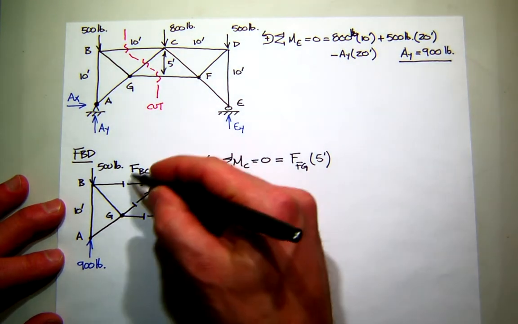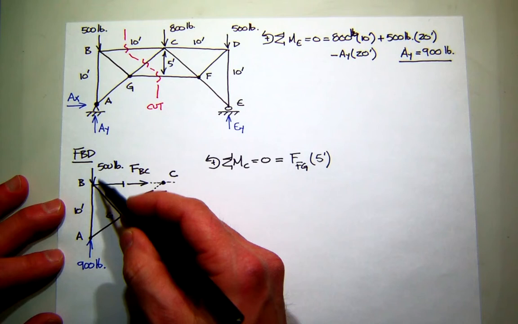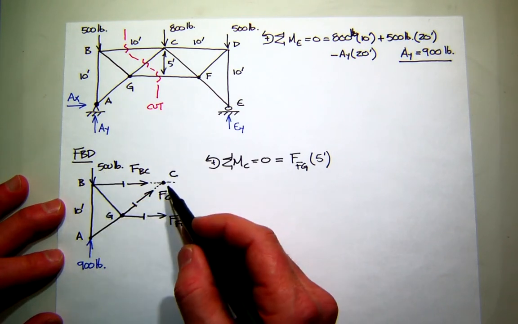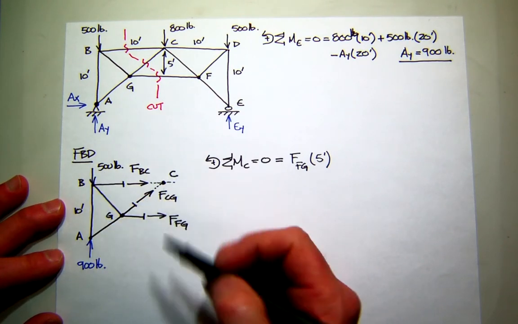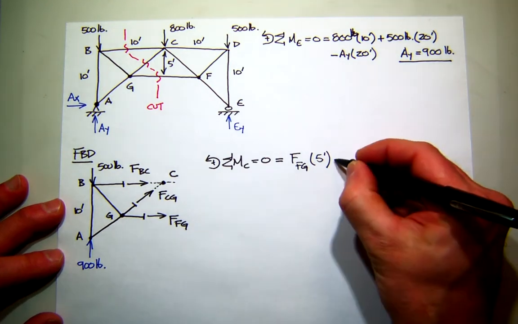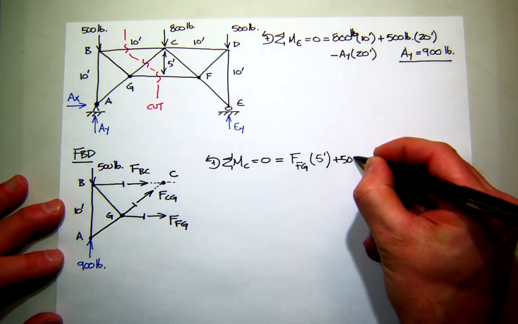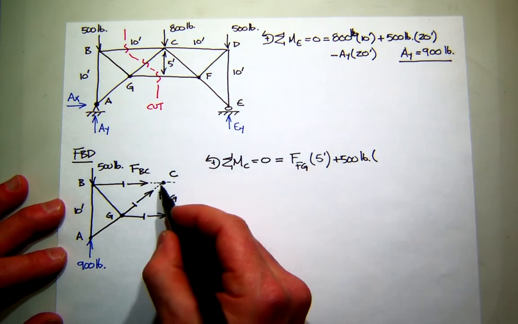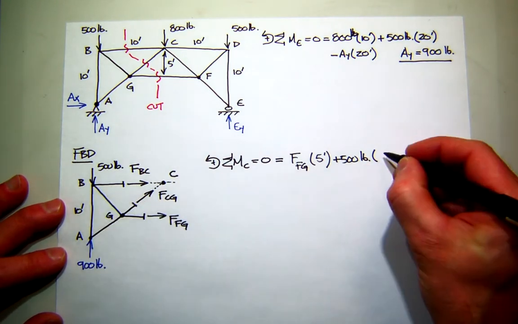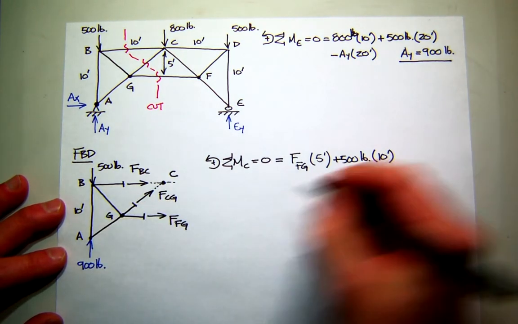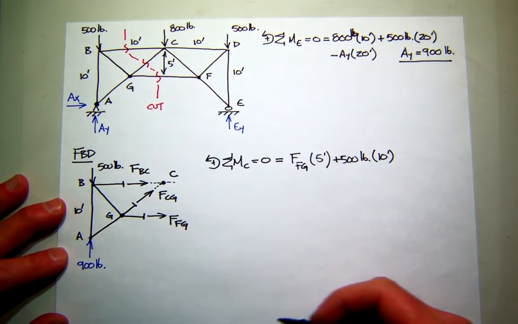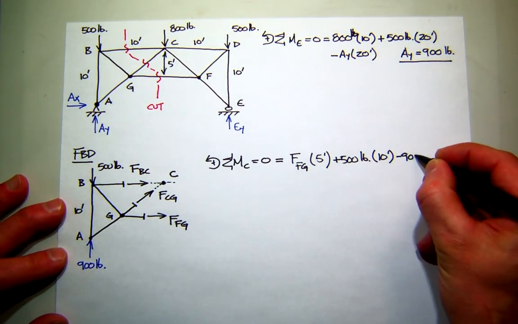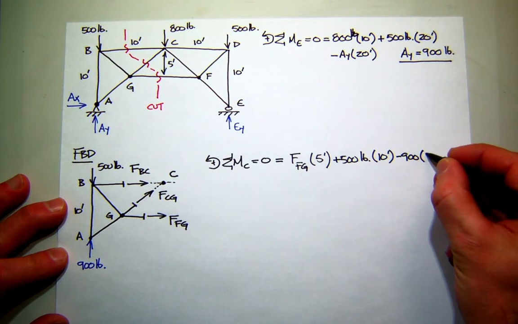Now with all these accounted for, I just have these two forces. Let's do the 500-pound force first. Is it going to create positive or negative moment about C? Positive. So I'll have 500 pounds. And its moment arm is distance from C to B, 10. And then 900 creates positive or negative moment about C. Negative. And also 10.